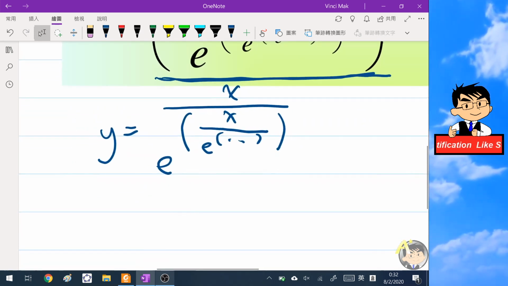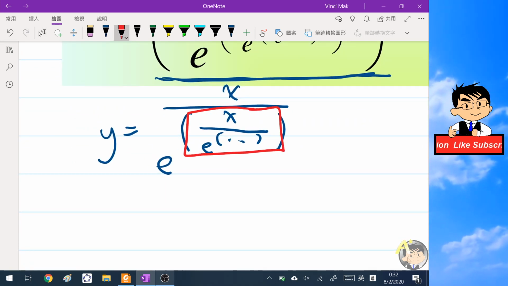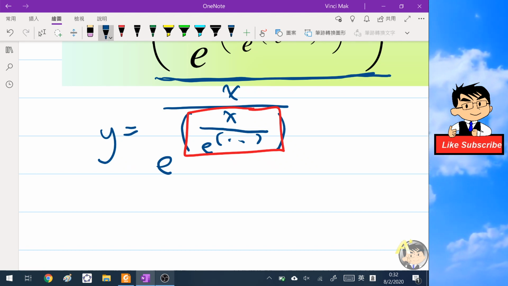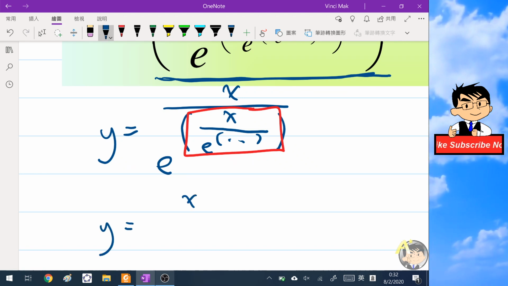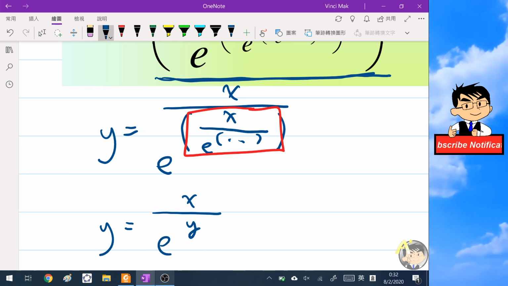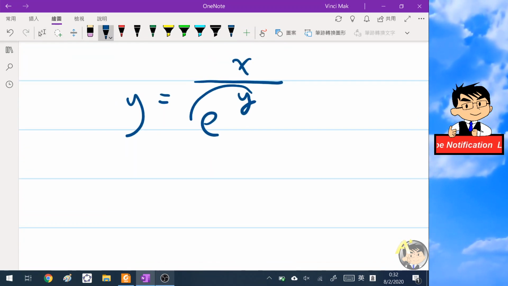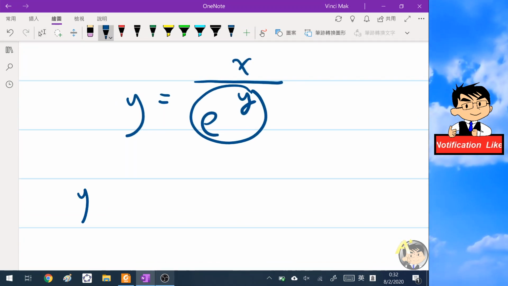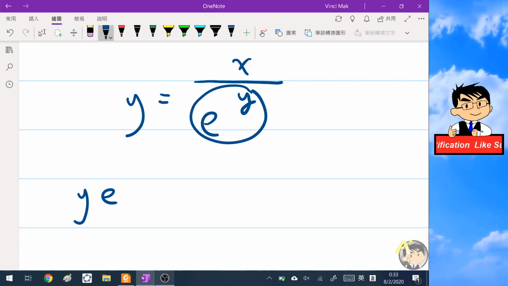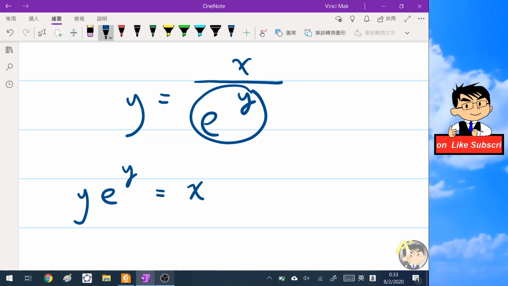So we can see that the pattern repeats itself in the bracket. So we can replace the bracket by y again because the pattern goes to infinity. And we can multiply e to the power of y to the left hand side, which is y times e to the power of y equals x.